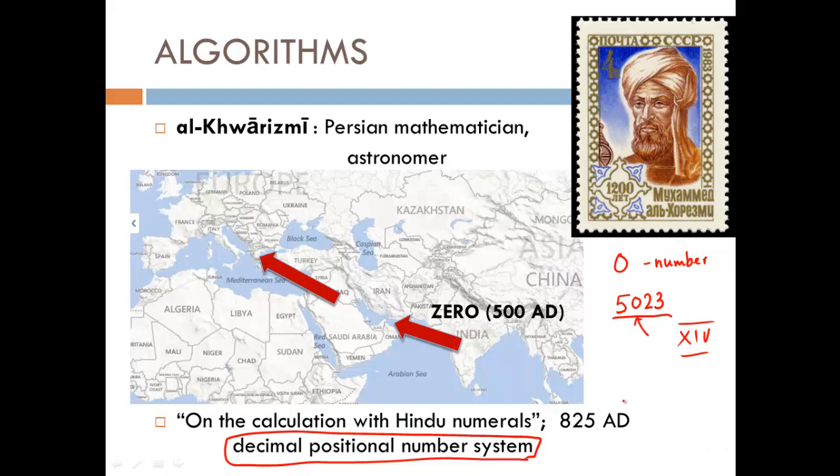In fact, the word algorithms comes from Al-Khwarizmi because he propagated it to the West. He wrote this book called On the Calculation with Hindu Numerals around 825 AD, which was very influential in the West, and in particular in Italy. Fibonacci was a mathematician who was very much interested in this system, and he propagated it, and that's how we come to use this today.